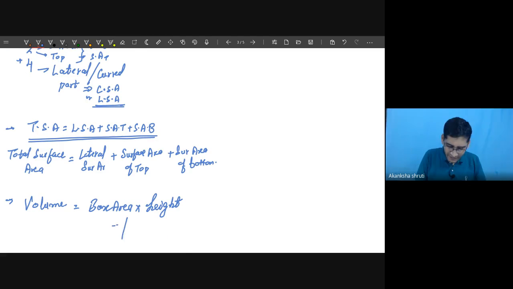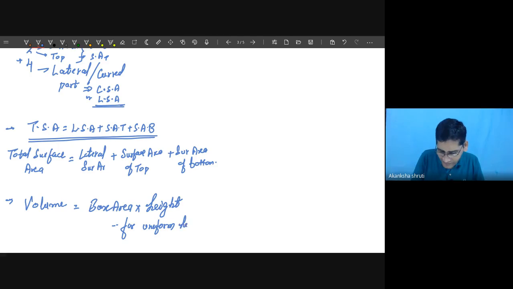So this is applicable for uniform bodies like cylinder, cube, cuboid, all these things. It cannot be applied for the non-uniform height or surface area, like for the cone and frustum, a sphere, we cannot apply this.